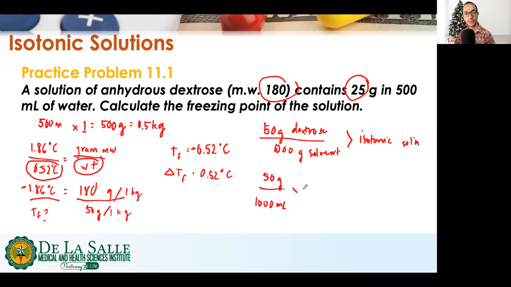And so we can compute for its percentage equivalent: 50 divided by 1,000 times 100 should be equal to 5%. So it means that a dextrose 5% in water is actually an isotonic solution.